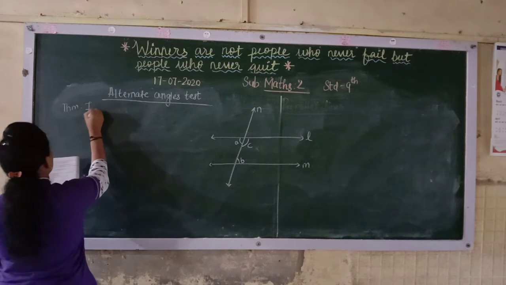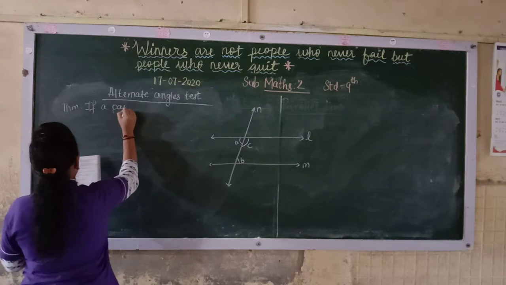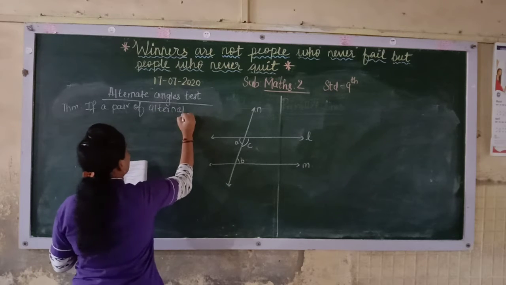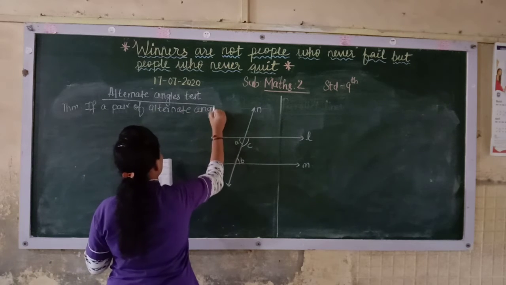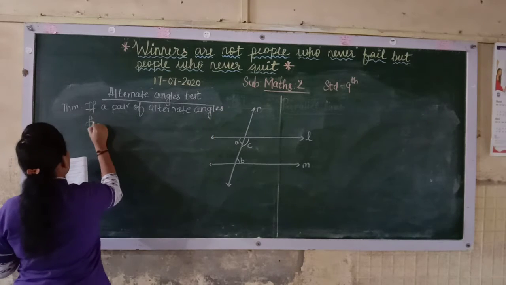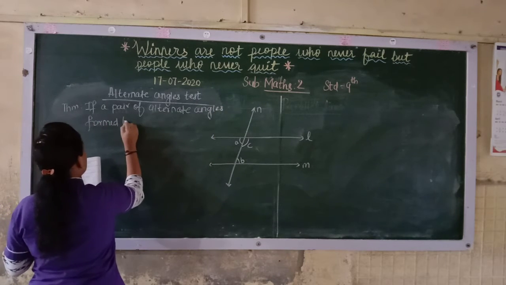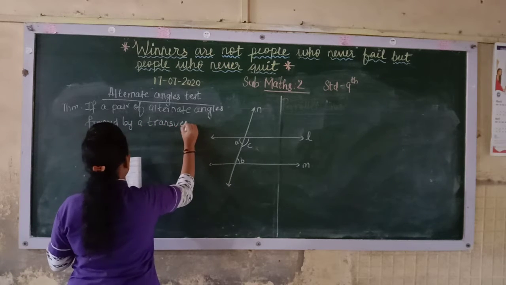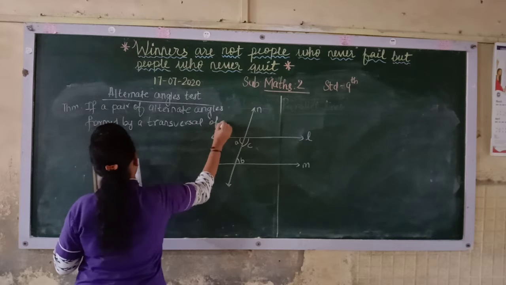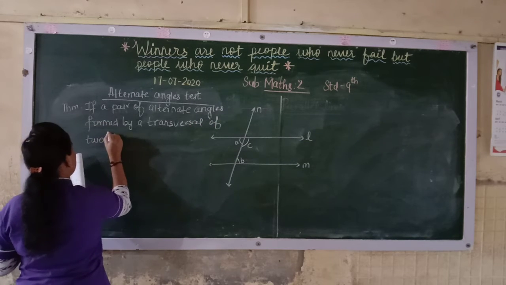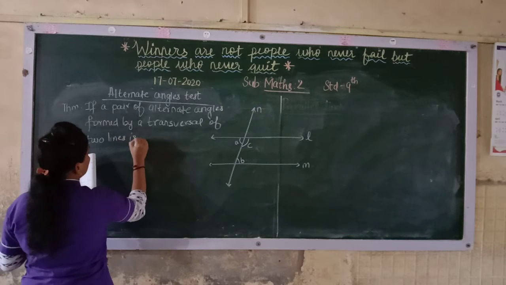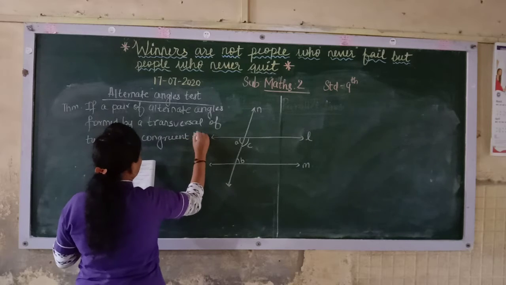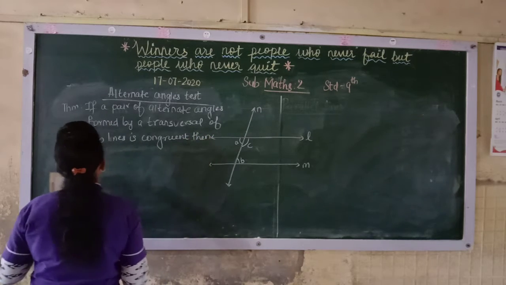So we write, if a pair of alternate angles formed by a transversal of two lines is congruent, then the two lines are parallel.